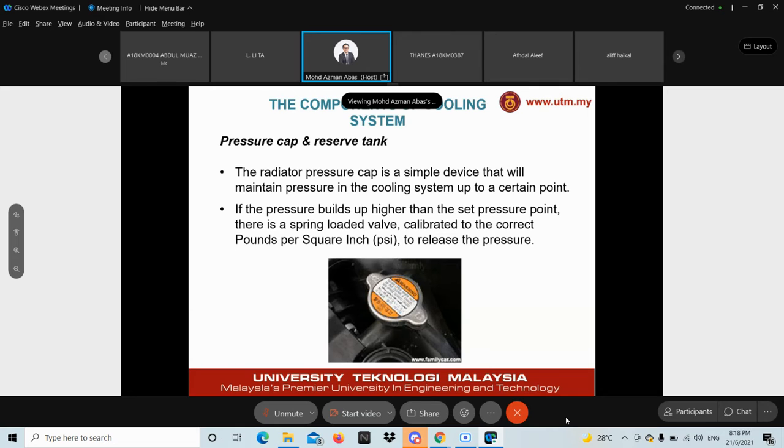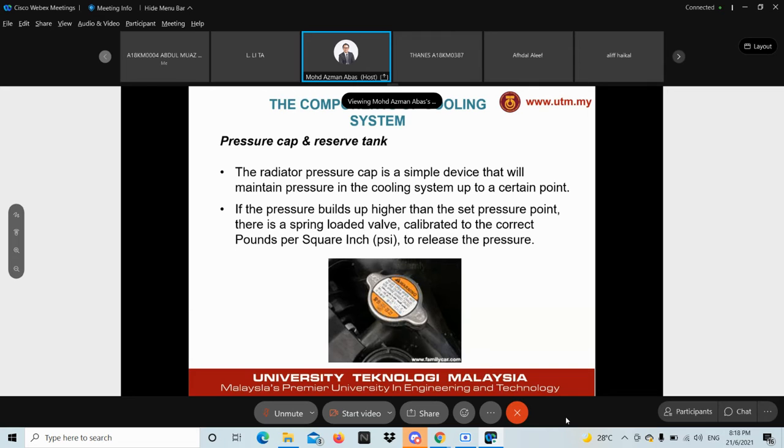If you use an incorrect pressure cap, the pressure will definitely be incorrect for that system, and it will affect the cooling efficiency of the vehicle.